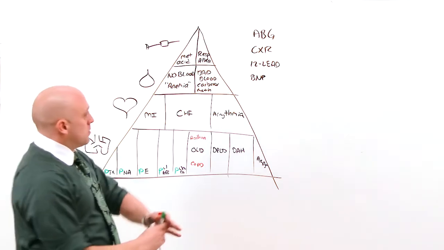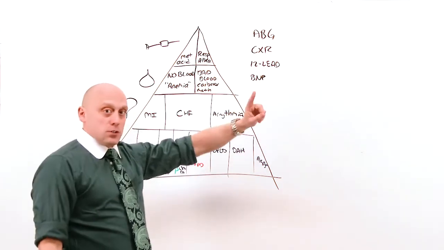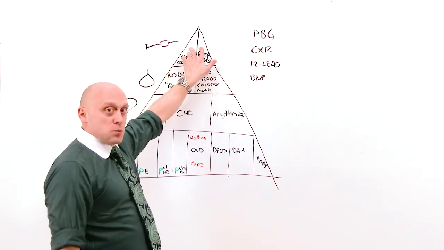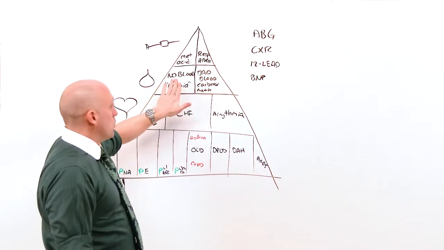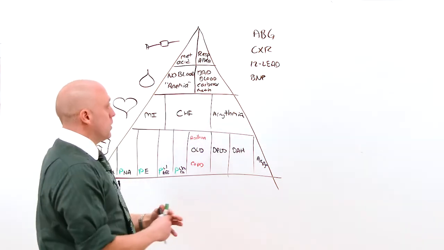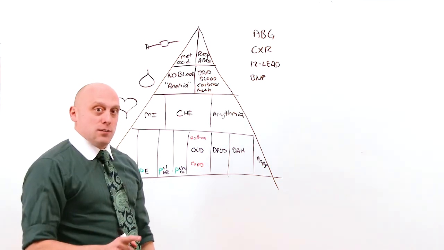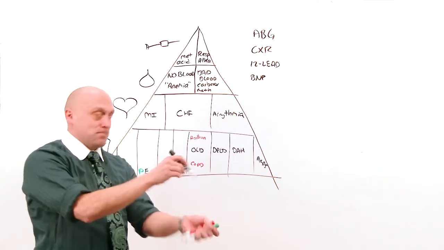Watch this. Arterial blood gas with electrolytes is going to give you the electrolytes if there's an acid-base disturbance and anemia, if there's a low hemoglobin or not. The entire top half of the pyramid can be assessed with an ABG. That's why it's a needle, because they have to draw an ABG.